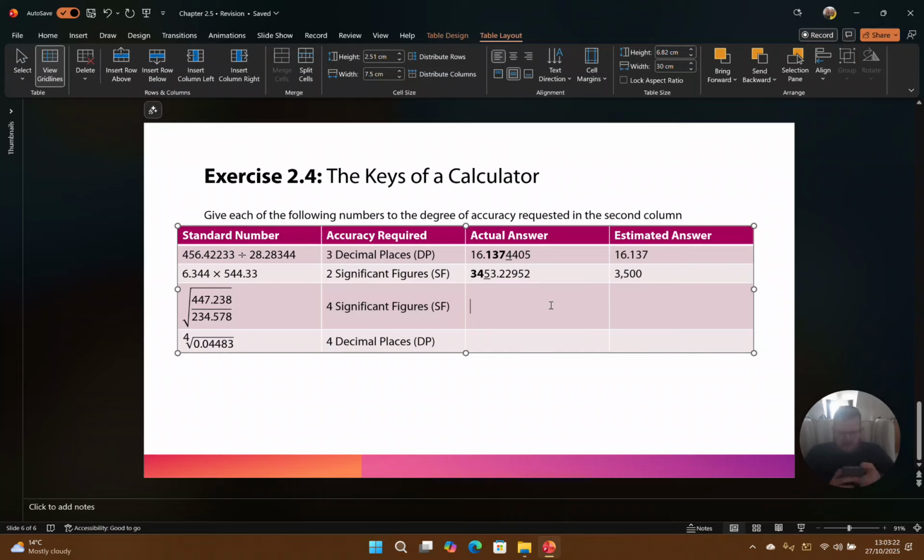So if you want to do a fraction of something, you do that first. And then you press this button afterwards.